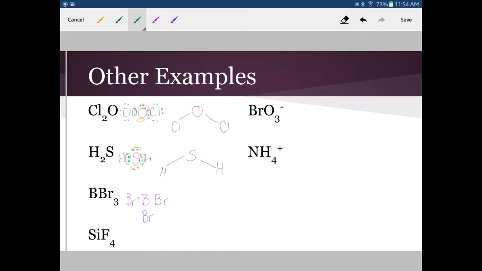And I start placing my electrons in my bonds first. I've used up 6. Then I start placing them on my peripheral atoms. So 7, 8, 9, 10, 11, 12, 13, 14, 15, 16, 17, 18, 19, 20, 21, 22, 23, 24.